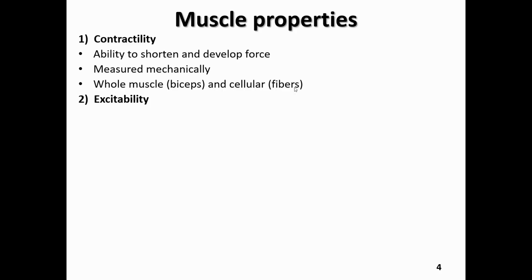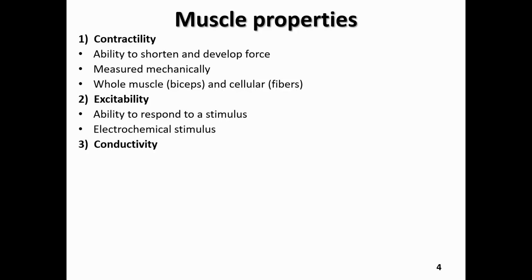The second property is that muscle is excitable, and muscle has the ability to respond to a stimulus, and that stimulus can be electrical in nature or chemical in nature. We can just classify that as an electrochemical stimulus, and that means that when some electrical signal or a chemical signal hits, that muscle cell will become active.